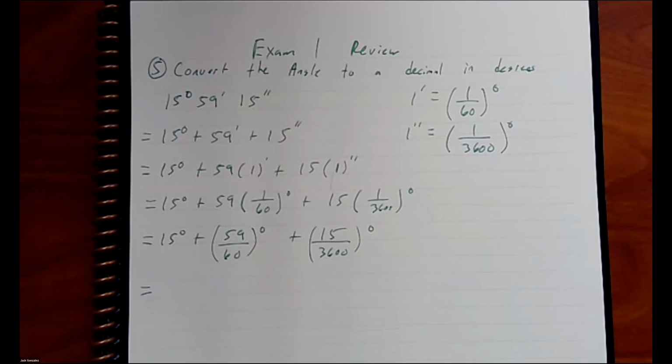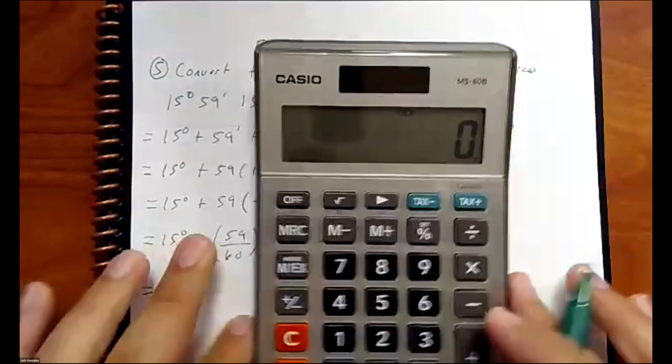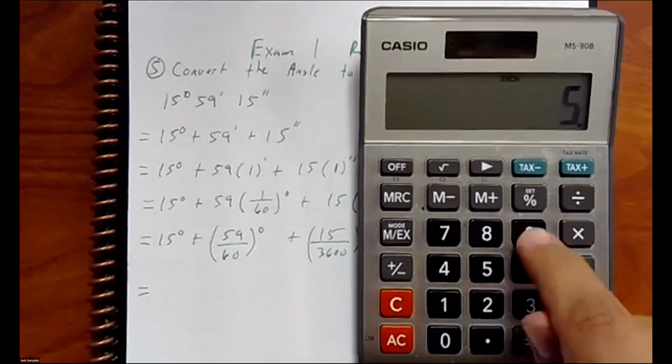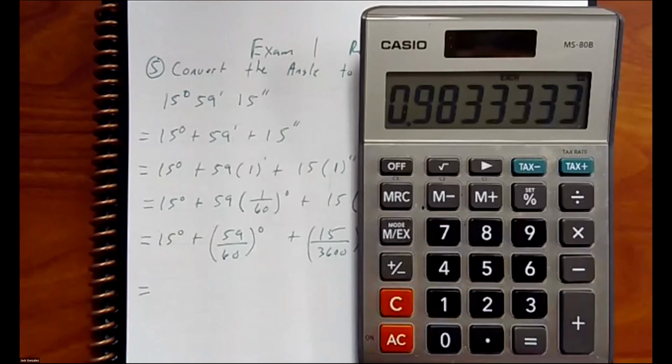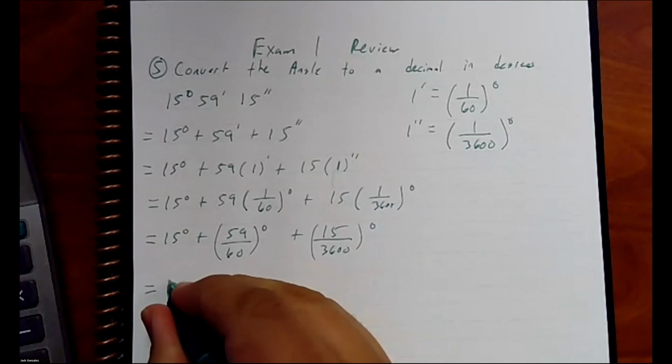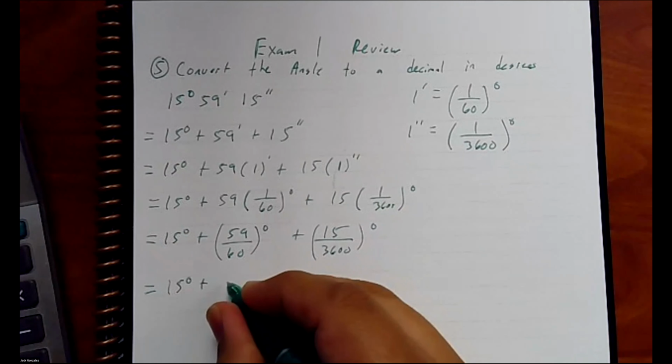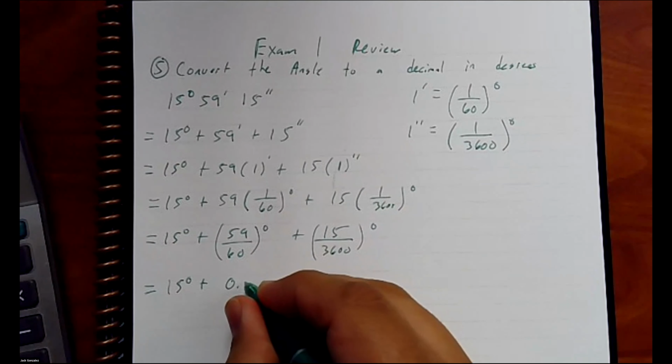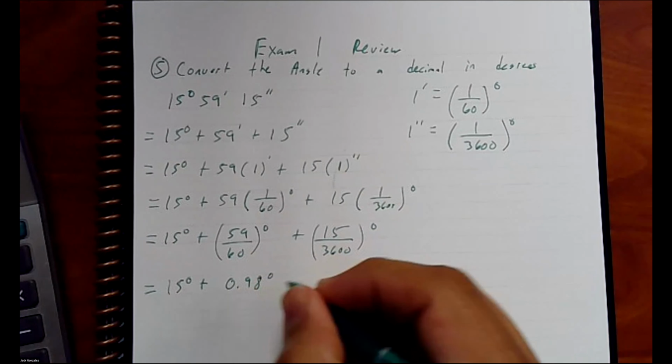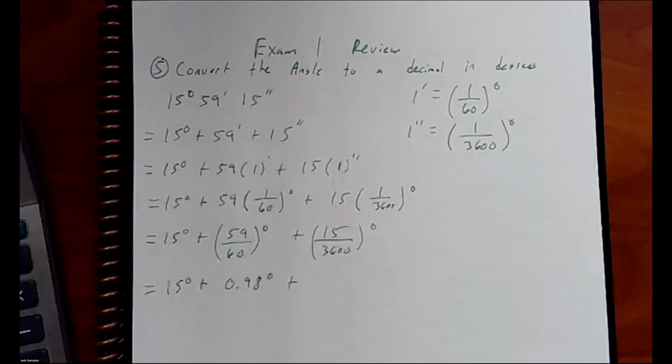So calculator time. Give you my fanciest calculator I've ever seen here. 59 divided by 60. 15 divided by 3600.